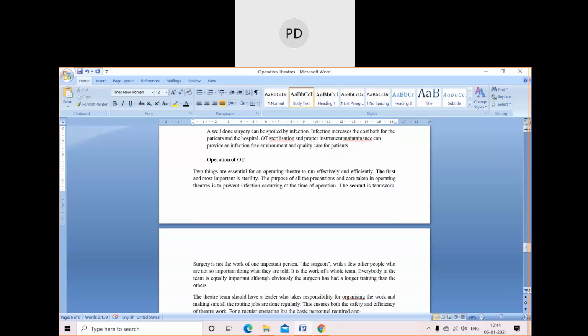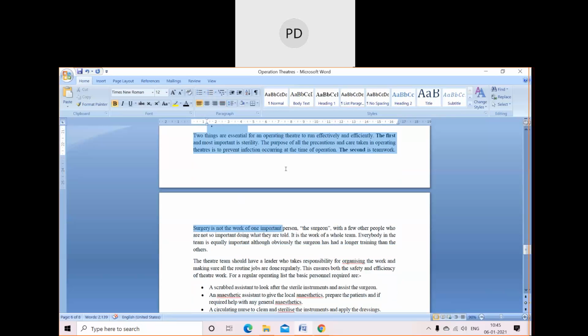So this part is completely about the process of sterilization, how the sterilization should happen for instruments in the OT, and the rest is about operation, how the OT works. This is there in your notes, which is given in the ERP by Sangeeta ma'am. Okay. So two things are essential for an operating theater.